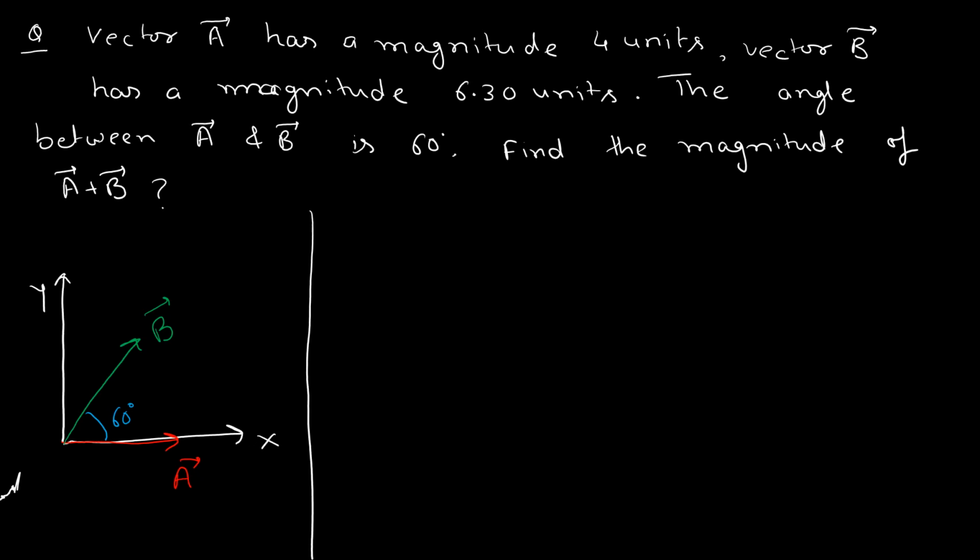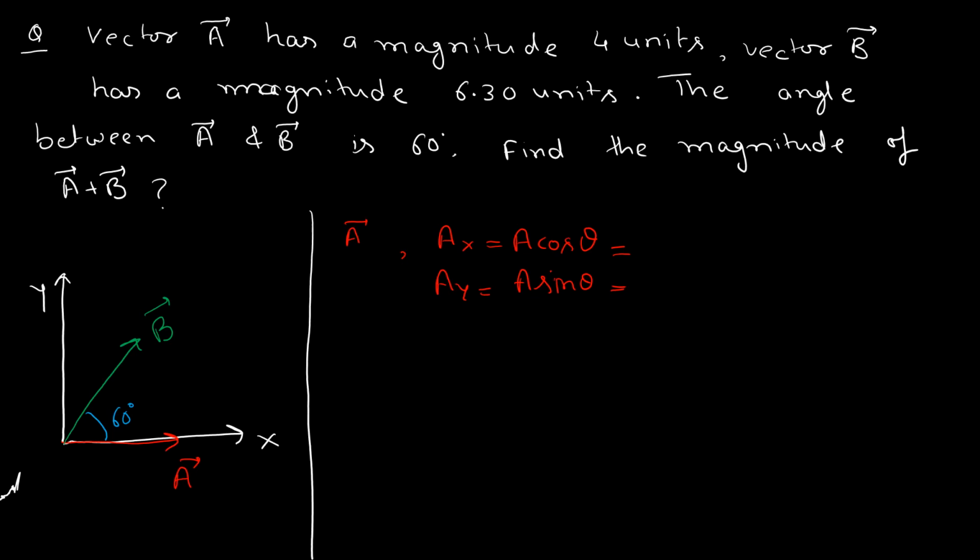For vector A, we have A_x equals A cosine theta, and A_y equals A sine theta.